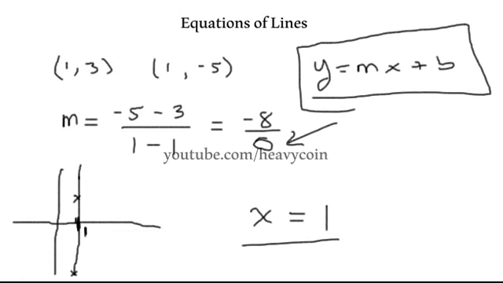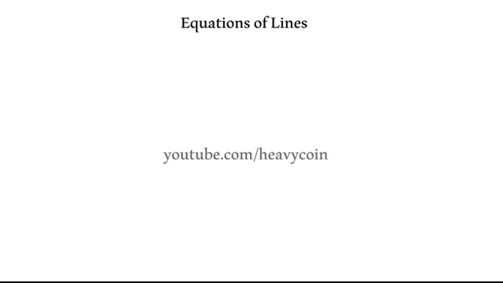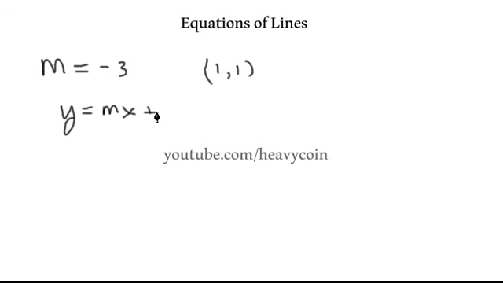Okay, well, we've been given 2 points and we want to find the equation. What if we were given the slope, and we'll say the slope is negative 3, and we were given a point on the line? We're given a slope and a point, and we want to write the equation.